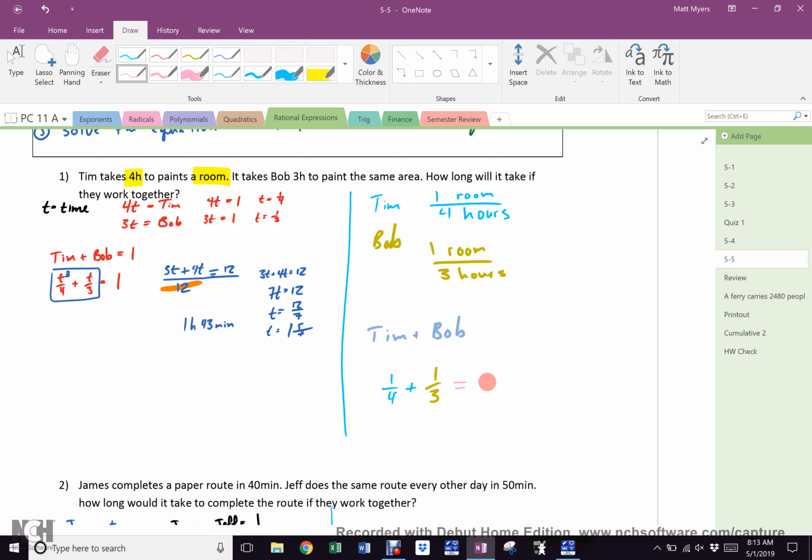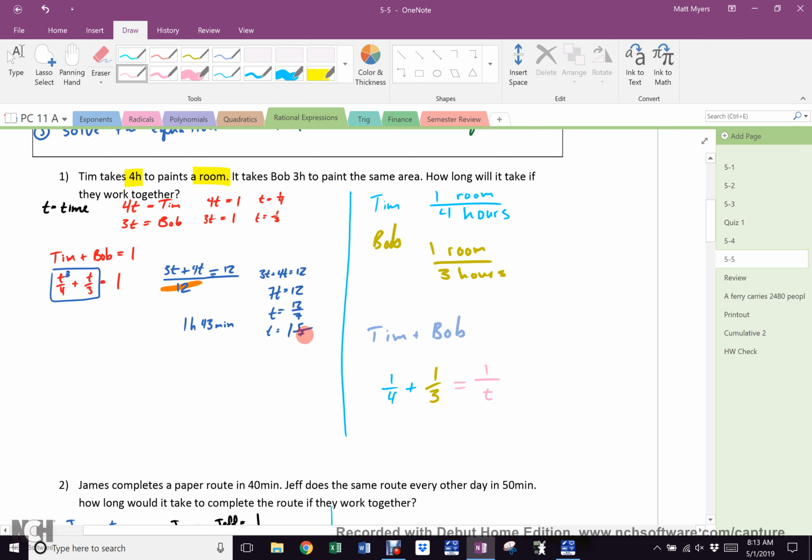We're trying to find how long it's going to take them to paint that 1 room, yes? Are they still painting that same 1 room? Yeah. But we don't know how long it's going to take them now. So what would go here? This is where our variable would go, because I don't know how long it's going to take them to work together.